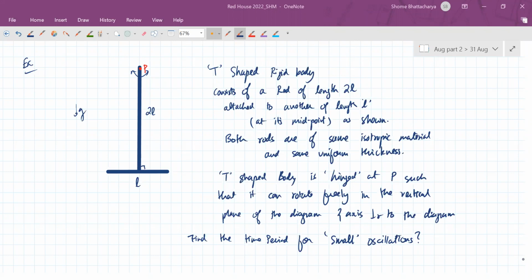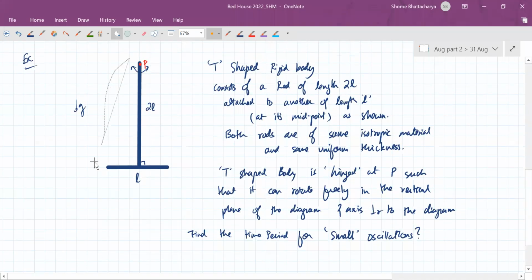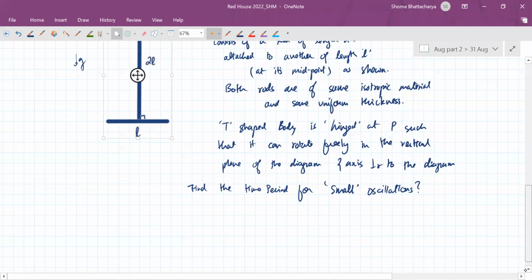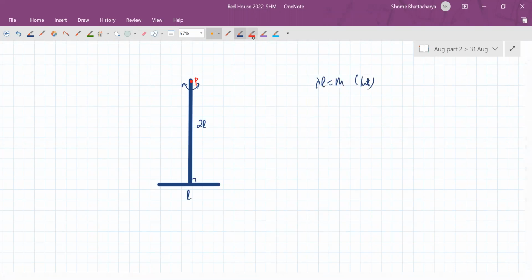Okay, so for example, if I take the linear mass density as lambda, then making use of that for the center of mass, suppose I take lambda L is equal to M. So then this part is having a mass of 2m at a distance of L from this, and this part is having a mass of m at a distance L from this.